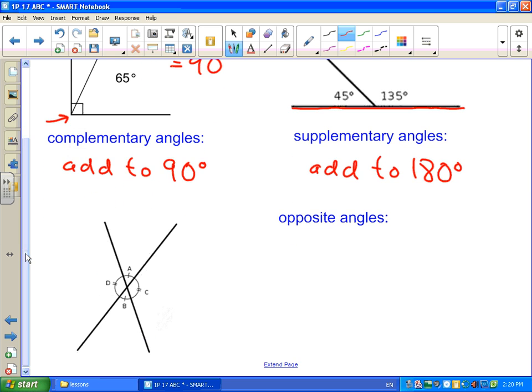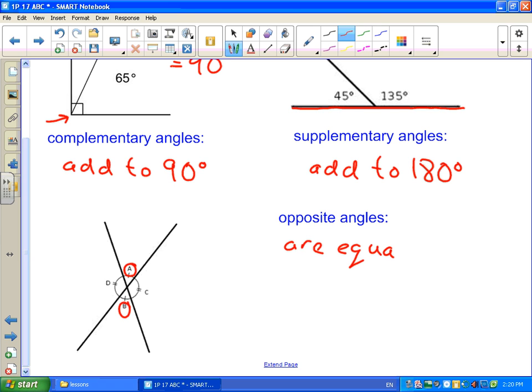The third property of angles that we have to know is opposite angles. So opposite angles come up when we have 2 lines that intersect, and opposite angles are on the opposite sides of that point where these things intersect. So opposite angles are equal.